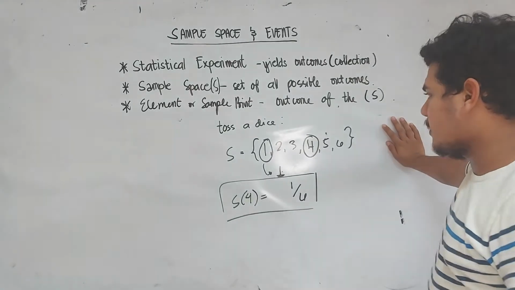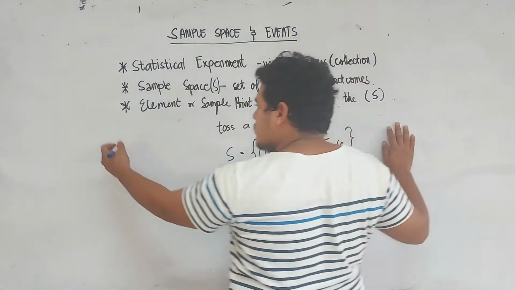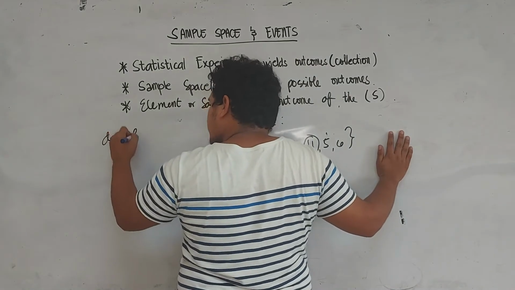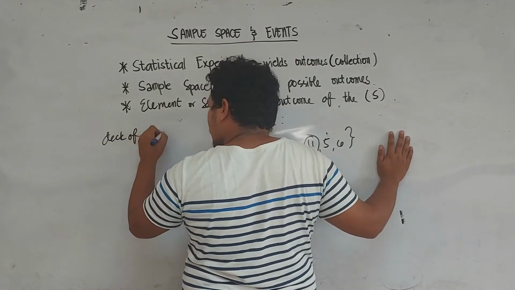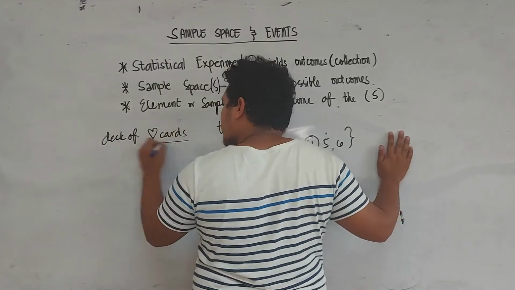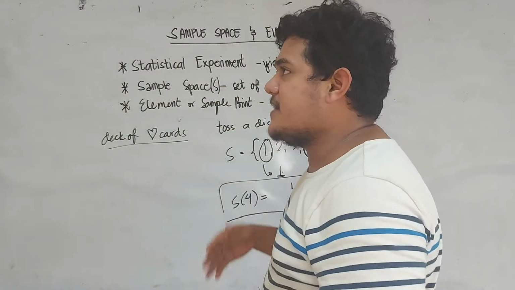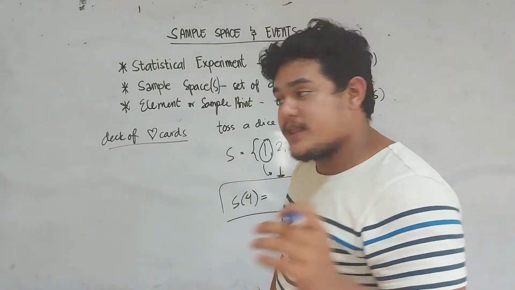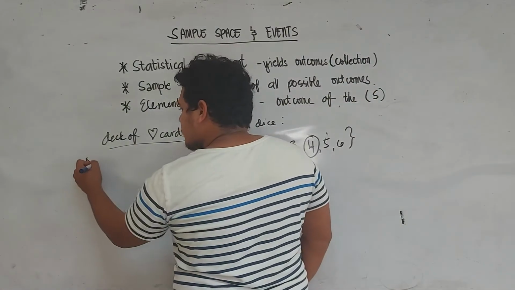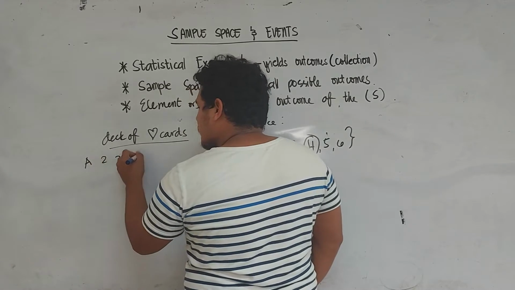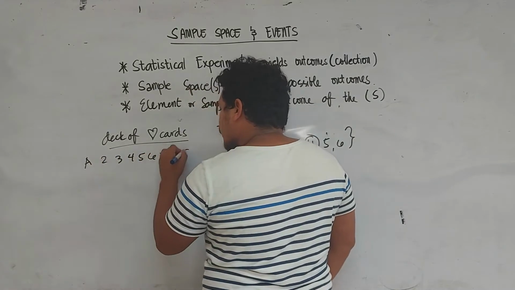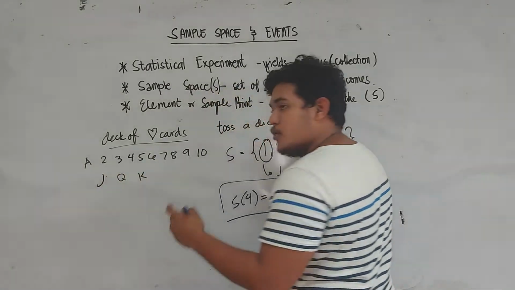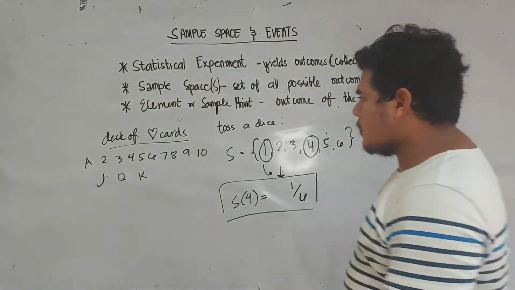Understand? Another one. In a deck of heart cards, how many heart cards are there? There are 13, right? From ace, 2, 3, 4, 5, 6, 7, 8, 9, 10, Jack, Queen, King. All hearts. Now, what do we call this?